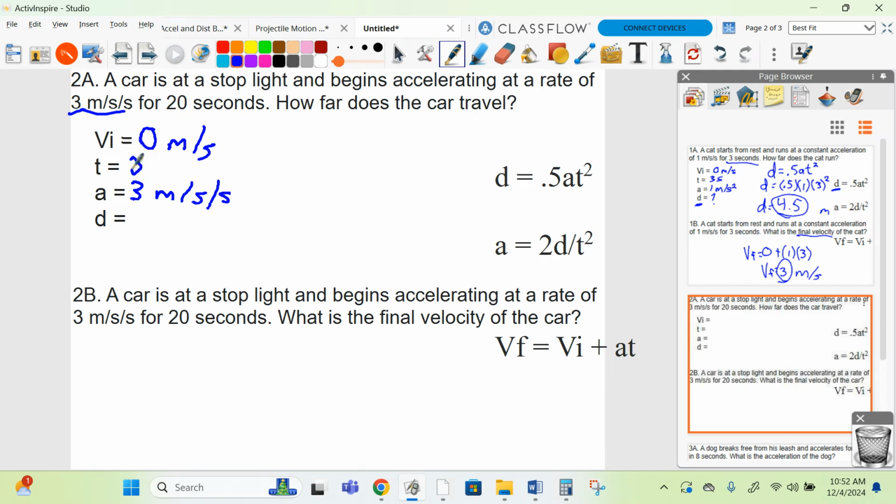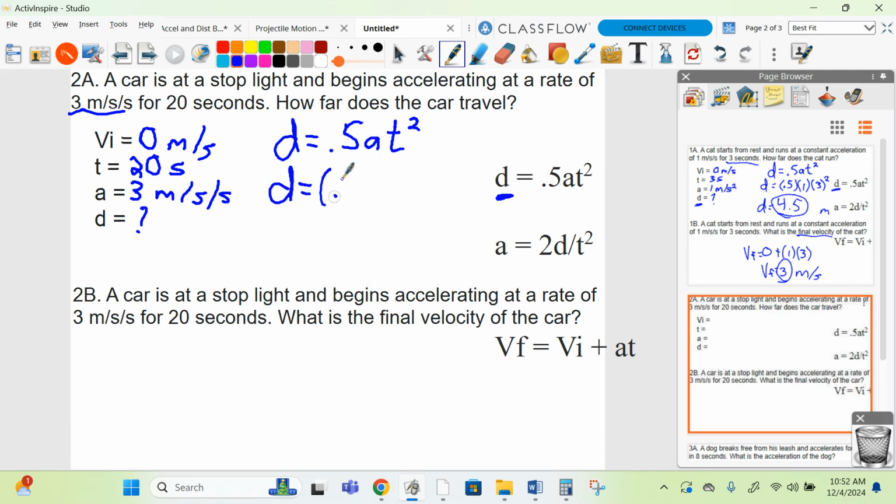It runs for a total of 20 seconds. Seconds measures my time. How far does the car travel? If I'm solving for D, I want to use the version of the equation that has D by itself. I want to write my equation down, 0.5 AT squared. I'm going to plug in my numbers.